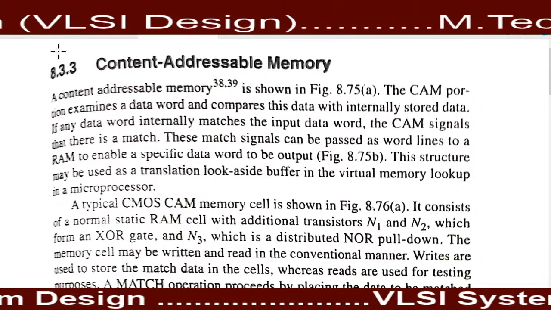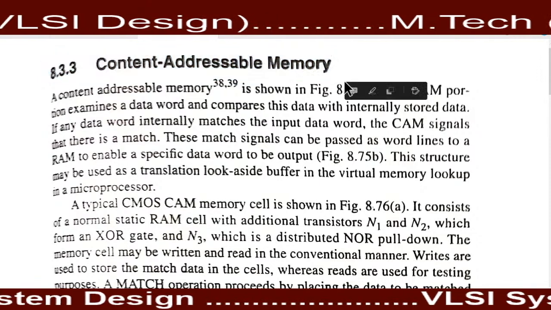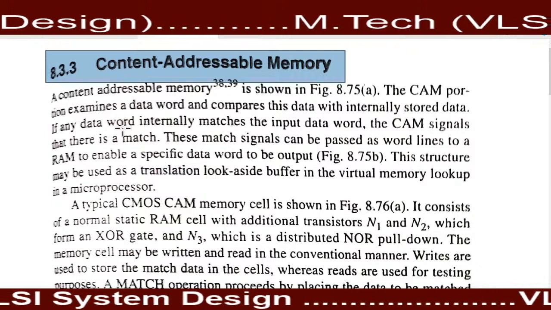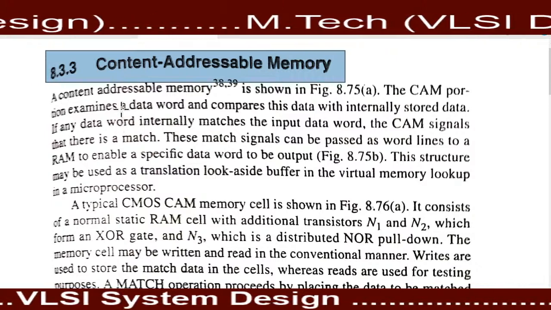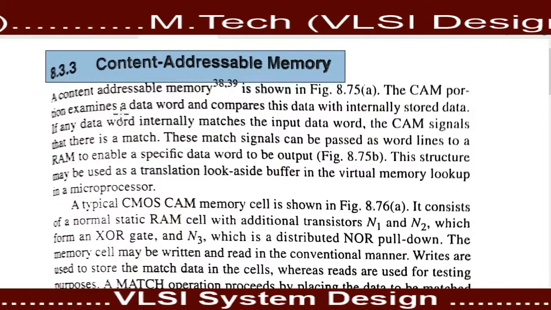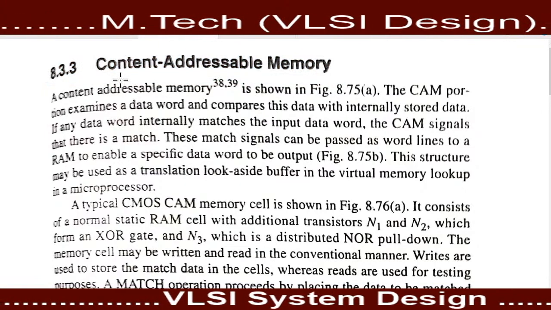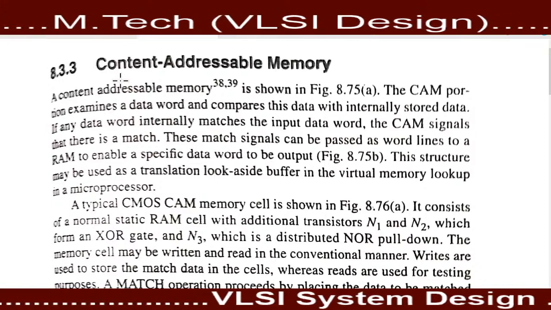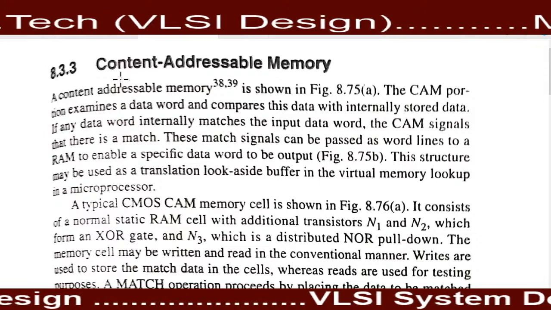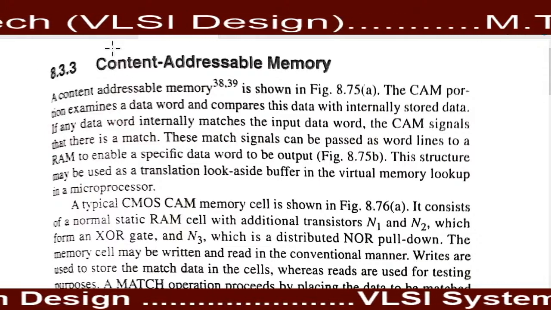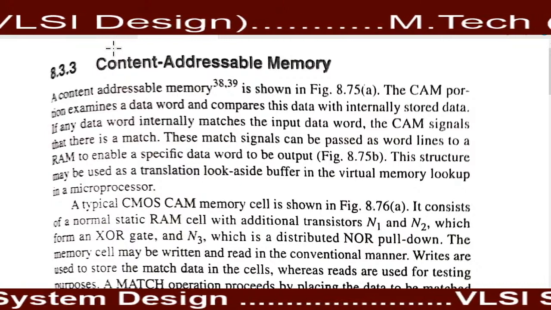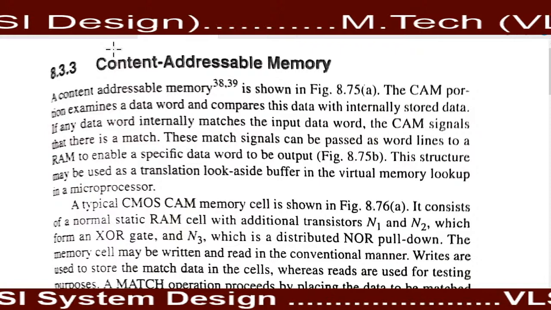This content addressable memory is somehow different from these RAM cells, SRAM and DRAM memory, because in this type of content addressable memory, the input of the memory cell is not the address. The input of the memory cell is the data.